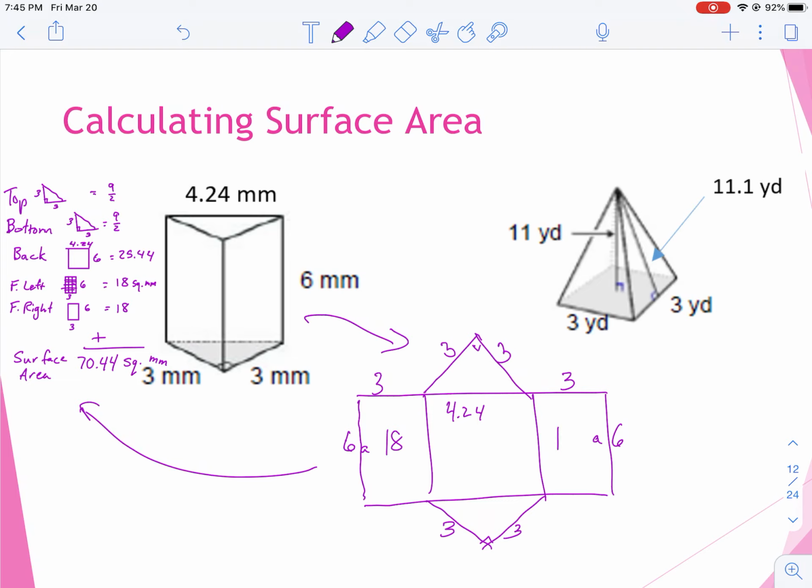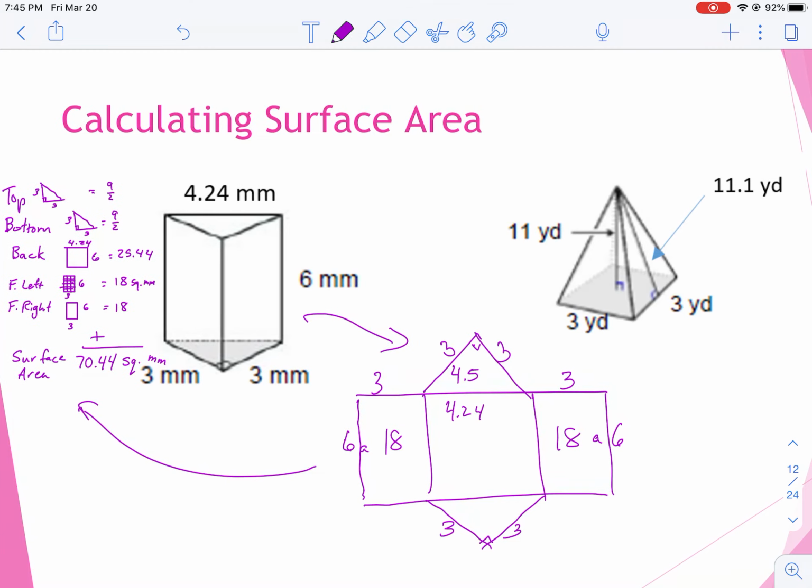We know this is 6, so this is 3 by 6. This is 3 by 6. This is a triangle. You do have to kind of rotate it in your mind and realize, hey, this is a base and this is a height. So then the area of this triangle ends up being 9/2 or 4.5, 4.5, and this ends up being 4.24 here times 6 here.